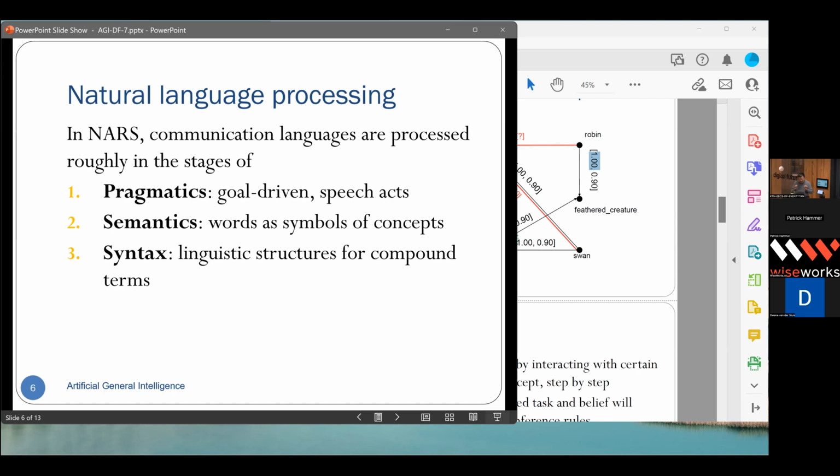Because of that, all the communication activity on Earth is goal-driven, and it carries out a task, just like all the other tasks. As I said, when you want to close the door, you can just walk over and close it yourself. But under certain situations, you cannot do that, and you have a reason to ask someone to help you, which is more meaningful or more practical in that situation.